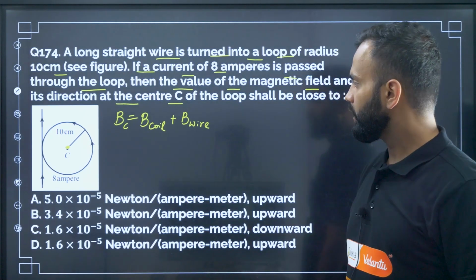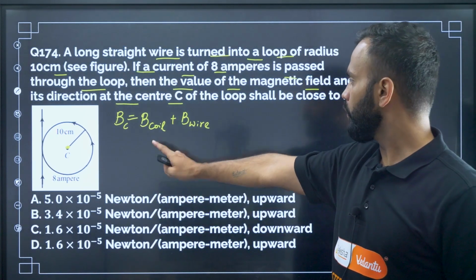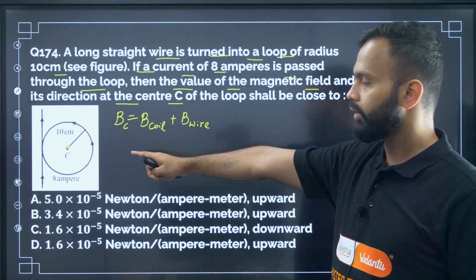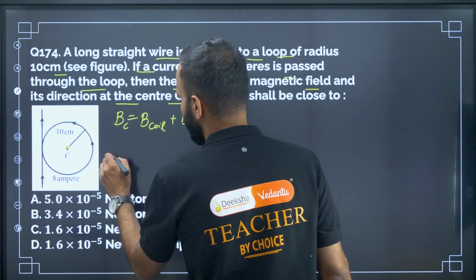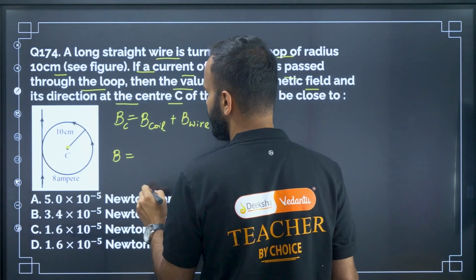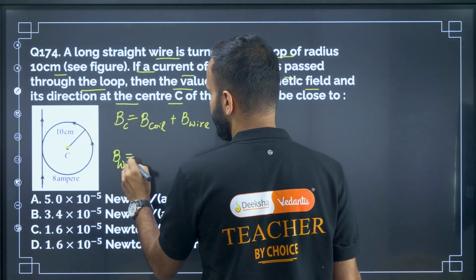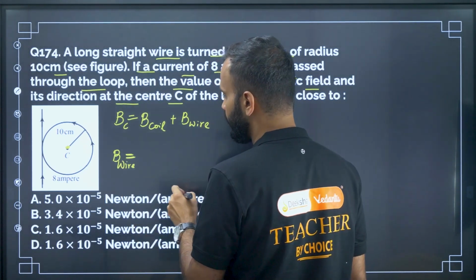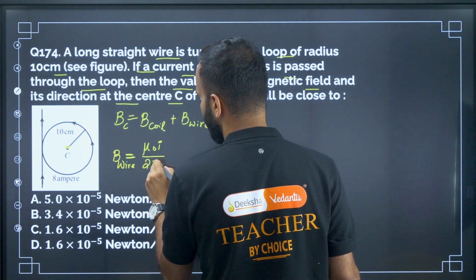Now let us find the magnitude and direction of the magnetic field due to the wire at C, and then the magnetic field due to the coil and its direction. Magnetic field due to the straight wire, B wire at C, is equal to mu naught I divided by 2 pi r.